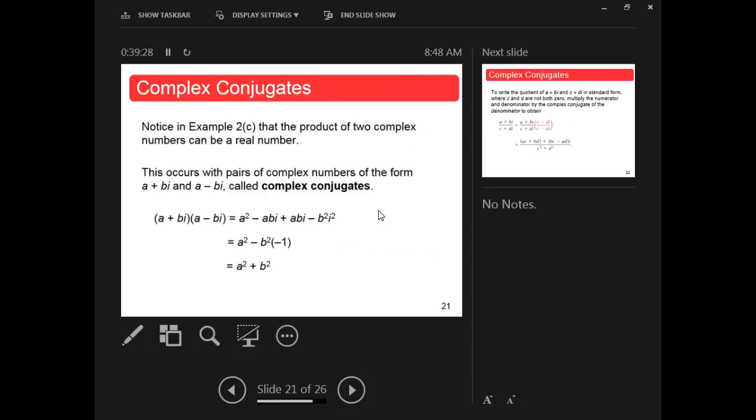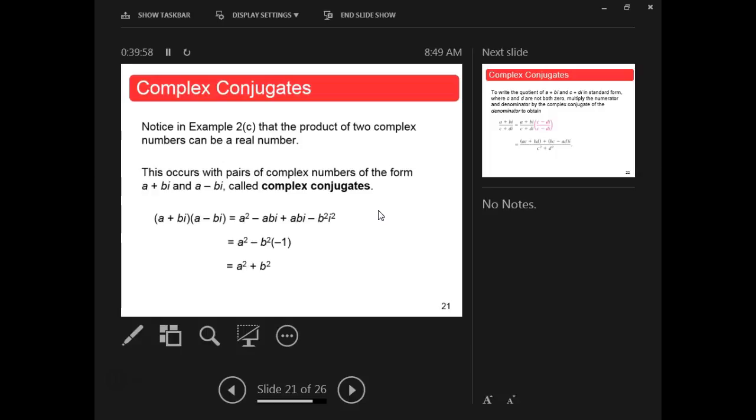I already did with that example 2c that the product of two complex numbers can be a real number, and that occurs when the pairs of complex numbers are of the form a plus bi and a minus bi, called complex conjugates of each other. If that would have been a plus the square root of b times a minus the square root of b, those are conjugates of each other. A plus b times a minus b, those are conjugates of each other.